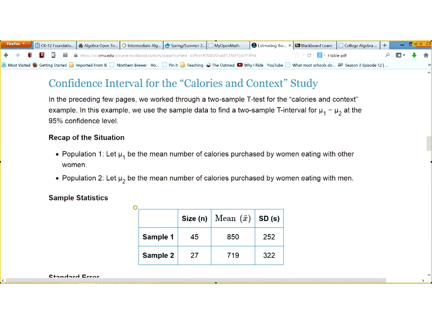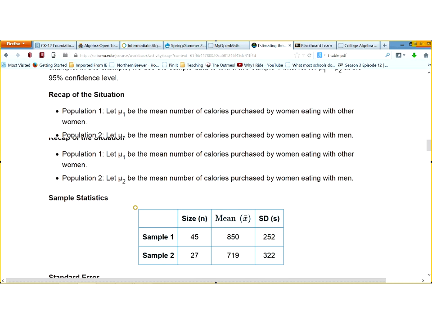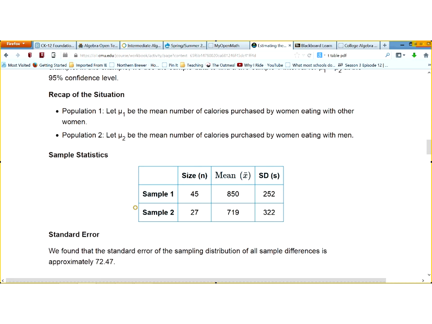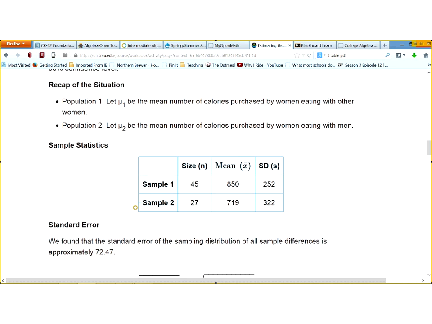So we did calories in context: mean number of calories purchased by women eating with other women, and mean number of calories purchased by women eating with men. And you see in sample 1, women eating with other women bought more calories than they did when they were eating with men.